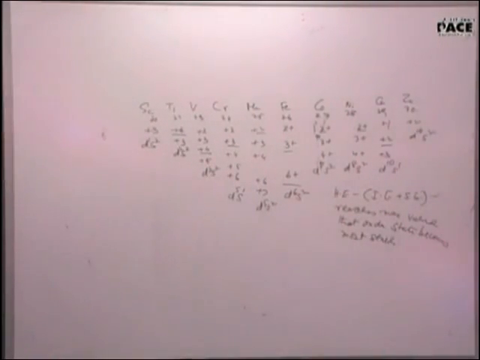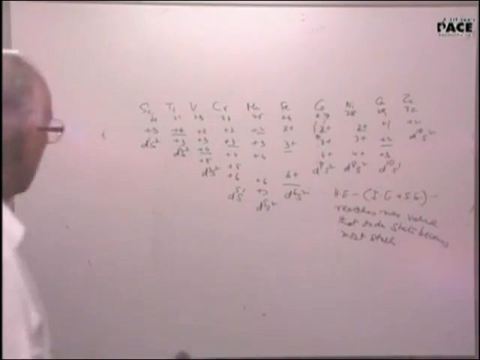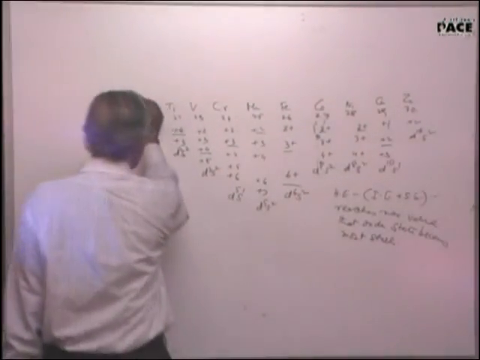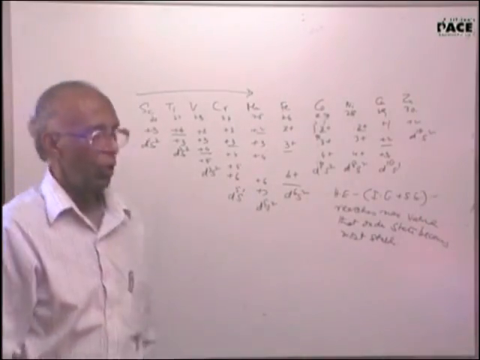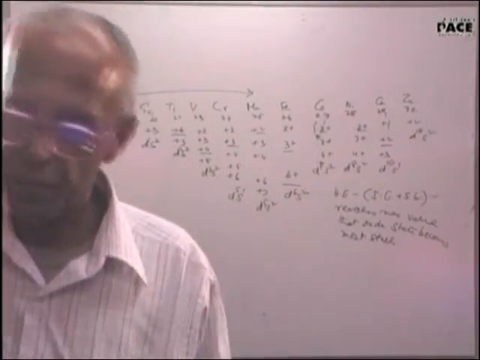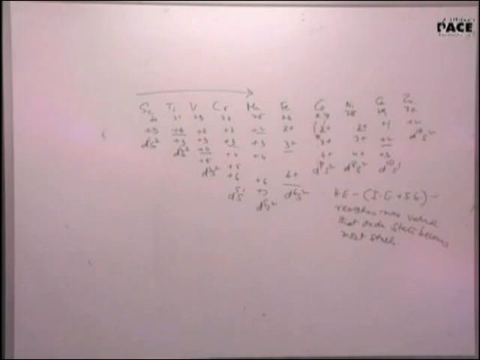Now, one thing you can see is that as you go from left to right, the tendency to show variable oxidation state increases. It reaches maximum when you reach manganese.